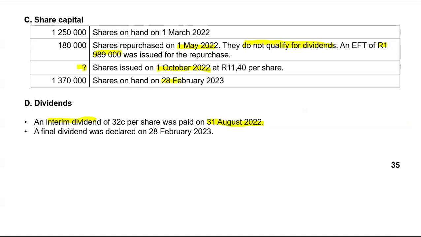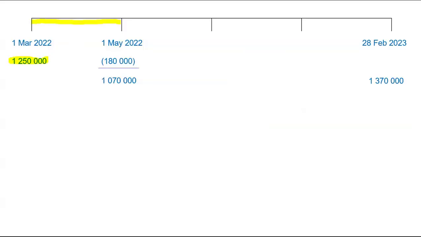So these ones will be in brackets, and it'll be easy for us to calculate this question mark over there. I did it as a timeline. That question mark, when I calculate it, will give me 300,000, which is not affecting my interim dividends that were declared on the 31st of August.